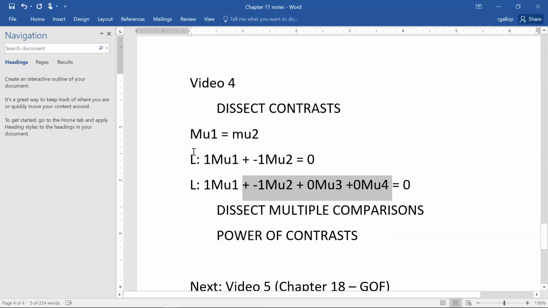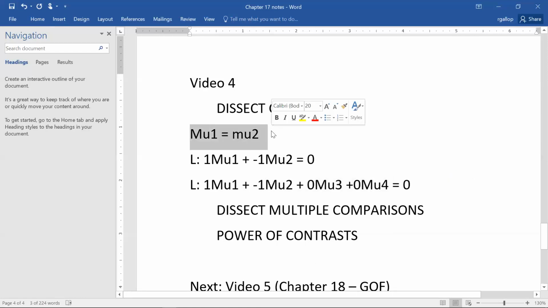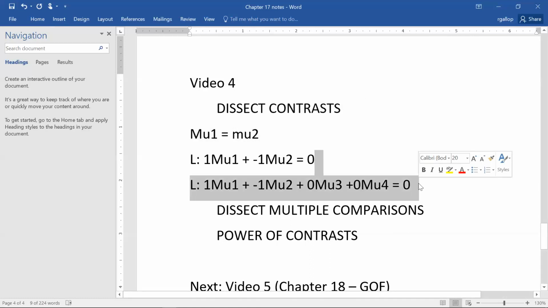Now, in reality, I talk about a contrast like this: are the two cell means equal, or is there sufficient evidence in the data to indicate they are separate? This is the mathematical formulation of the linear contrast. You really think about either of these two. The coefficients sum to 0, the equation is set to 0.